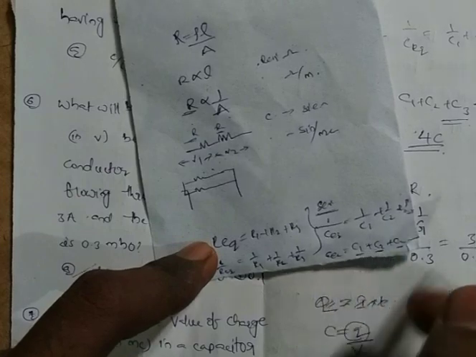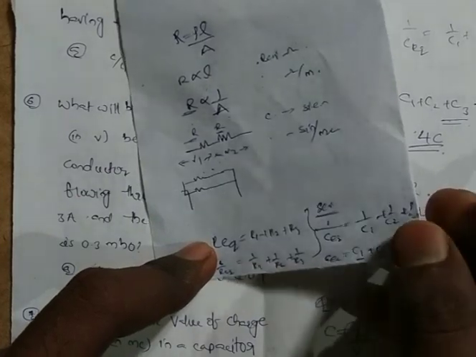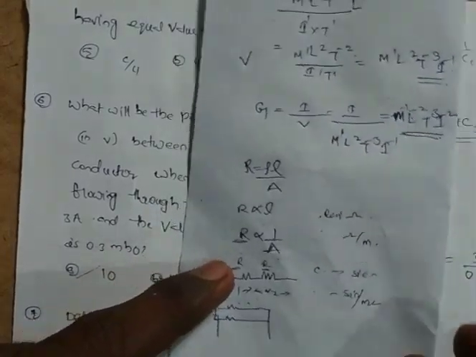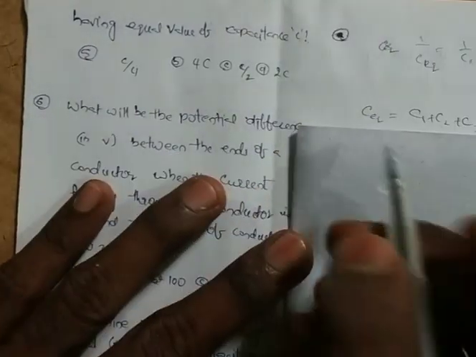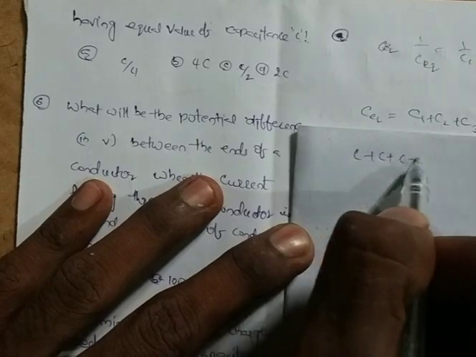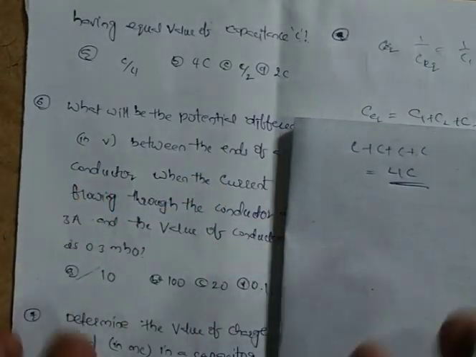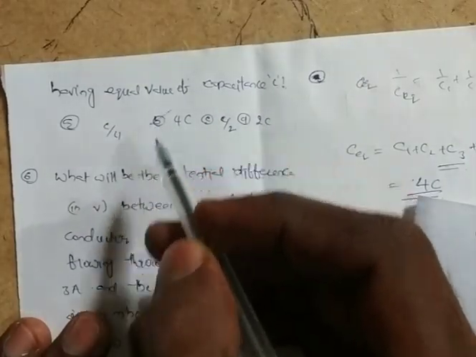That's why C plus C plus C plus C. We are given 4 capacitances, so that is equal to 4C. Option B is the correct answer.